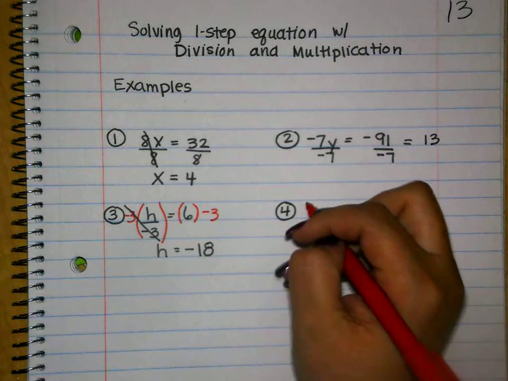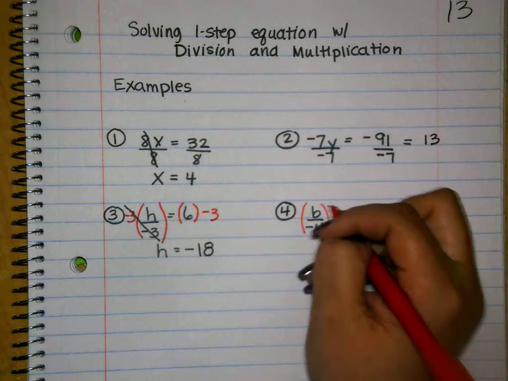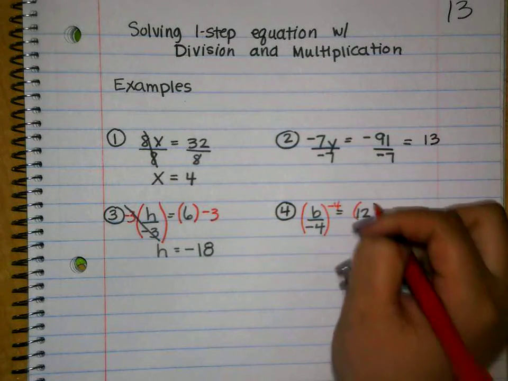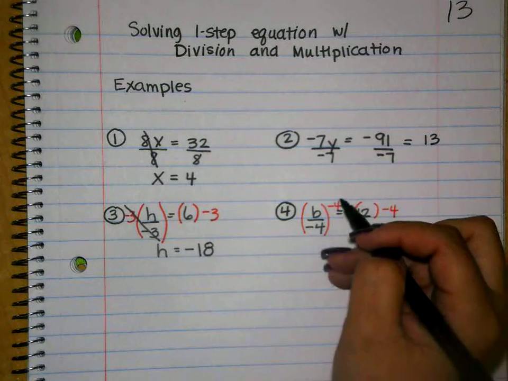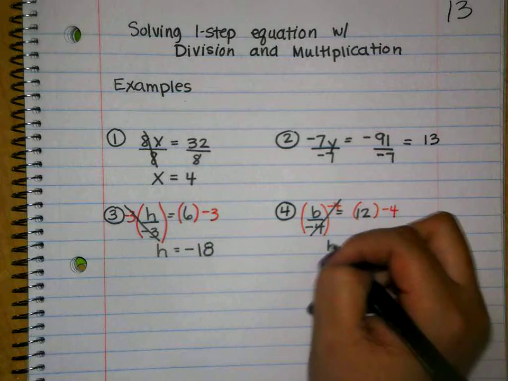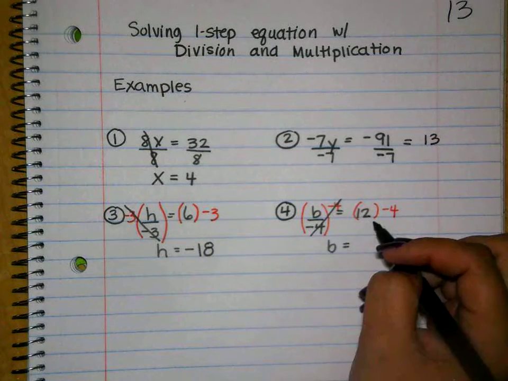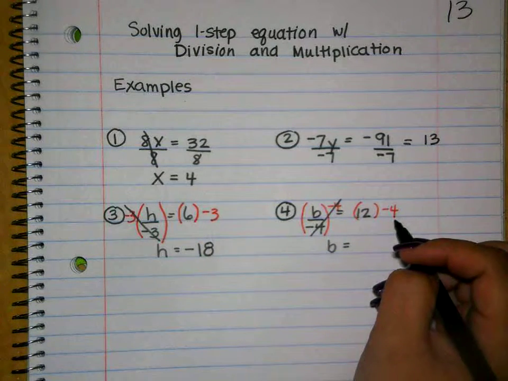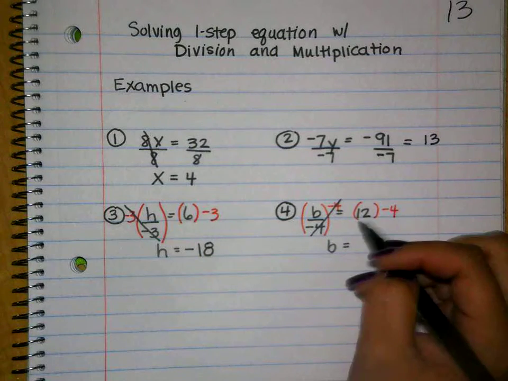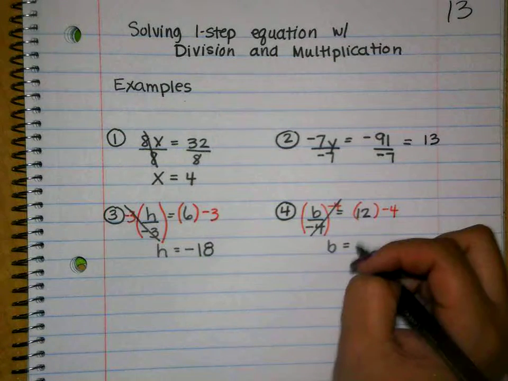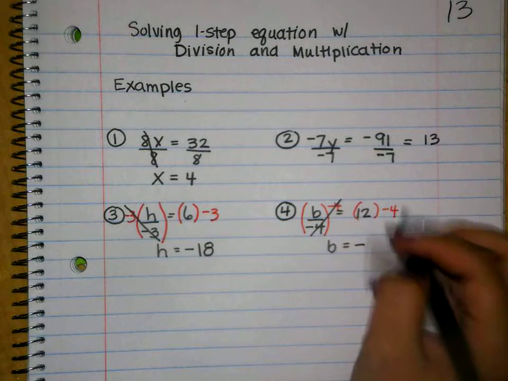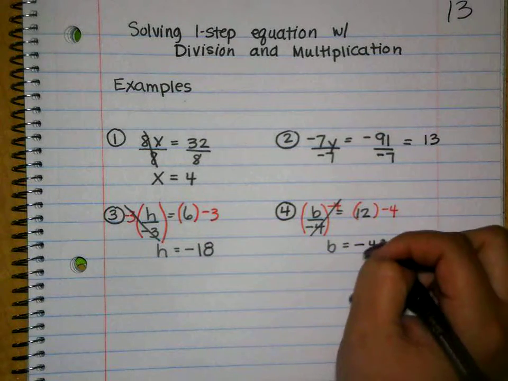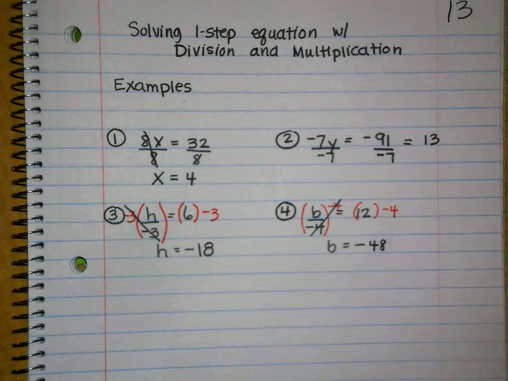So I'm going to multiply both sides by a negative 4. And that's going to leave me, oh look, these two cancel out. So that's going to leave me with a b on the left. And on the right, we're going to have 12 times 4, but there's a positive times a negative. A positive times a negative is a negative, and 12 times 4 is 48. And that is going to be our answer.